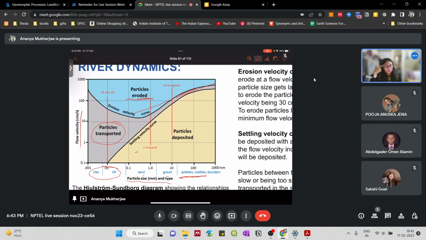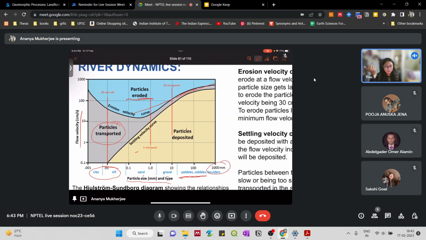But if you come to the middle reaches, you will see that as the flow velocity starts decreasing, the particles will start getting deposited. The first particles that would get deposited are the larger sediments.